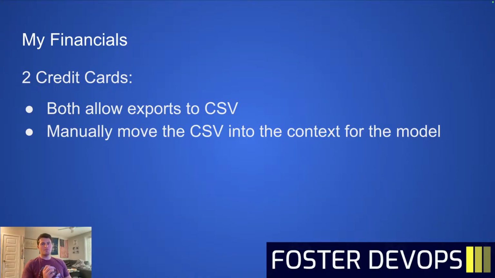I've done some pre-work to look into my financial statements and get this into the scrubbed data. The big part of this is both of my credit cards allow exports to CSV, and I'll be able to manually move that CSV into the context for the model.